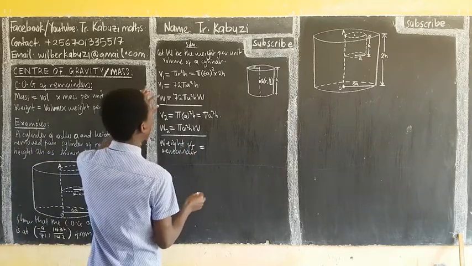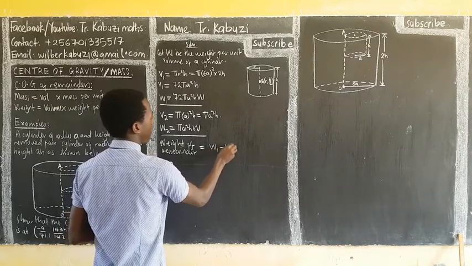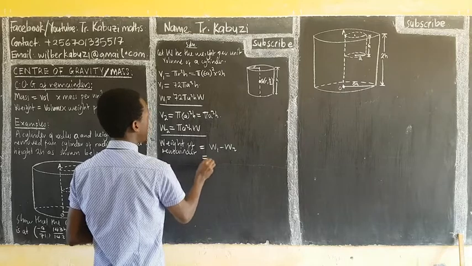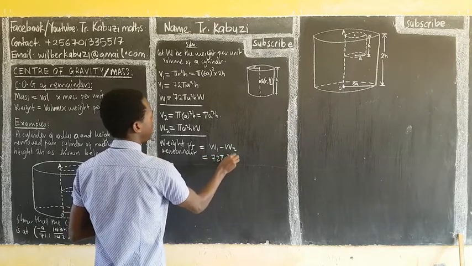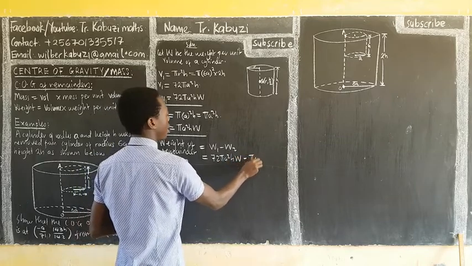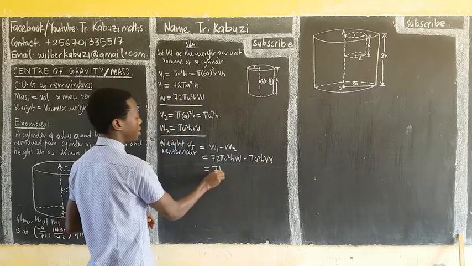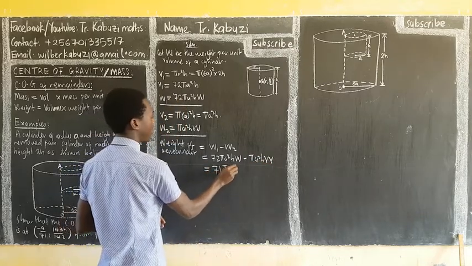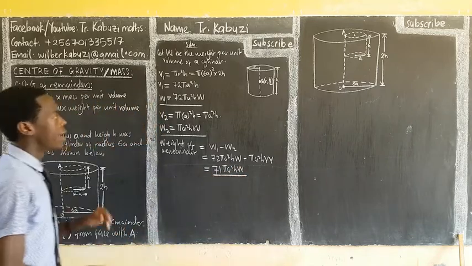We get W1 minus W2, which is 72 pi a squared h W minus pi a squared h W. That gives us 71 pi a squared h W. So this is the weight of the remainder.